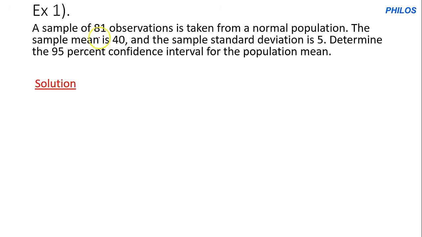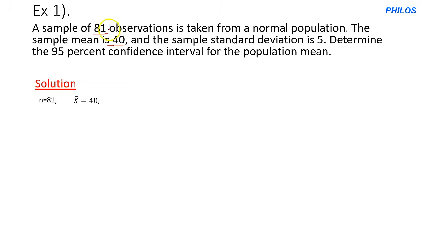Now, according to the question, the sample size is 81, so our N is 81. And then when you read further, it says the sample mean is 40. So it means that X bar is equal to 40. And the sample standard deviation is 5. So S, small s, is equal to 5. Okay.